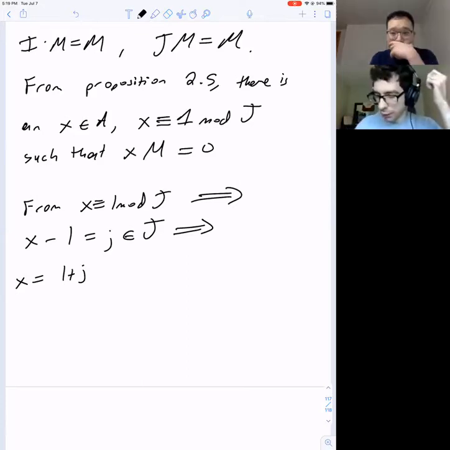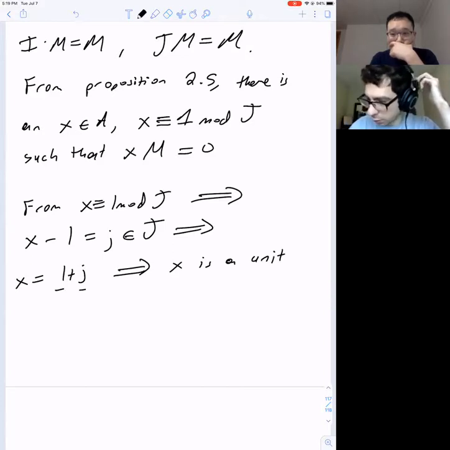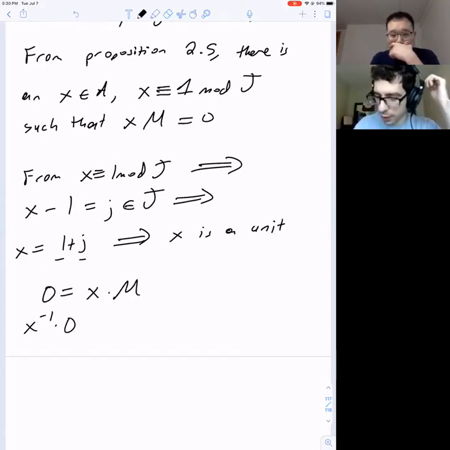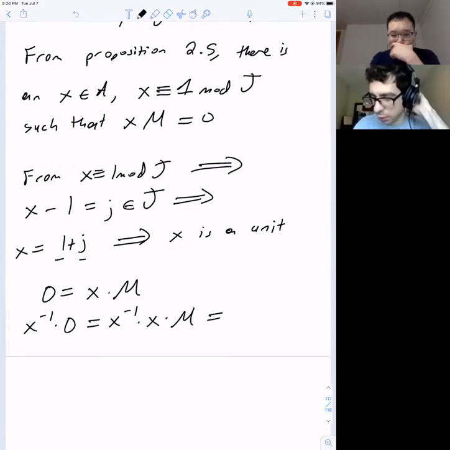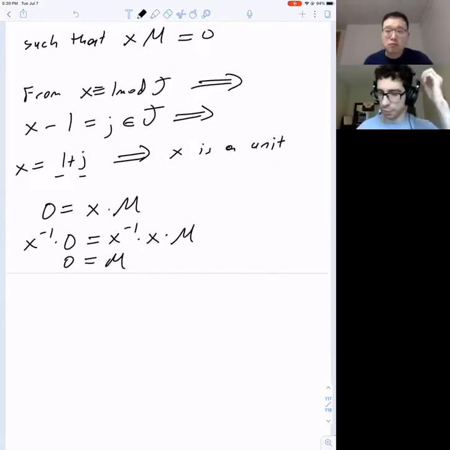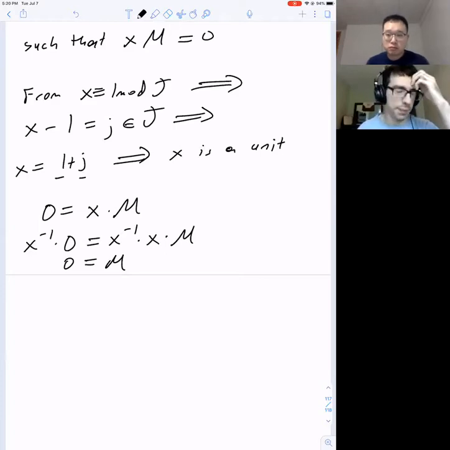But if you have 1 plus an element of the Jacobson radical, that means that x is a unit. So if 0 equals x times M, then multiplying both sides by the inverse of x gets you 0 is the module M. Okay, so that's a proof of Nakayama's lemma.